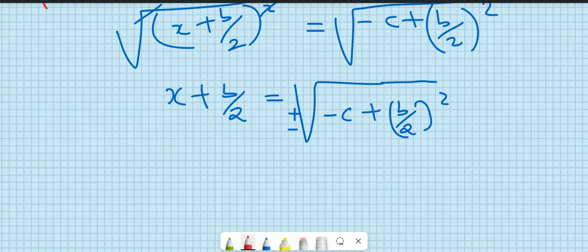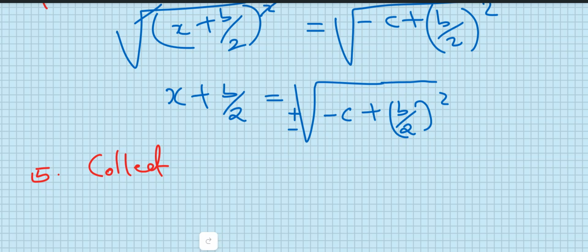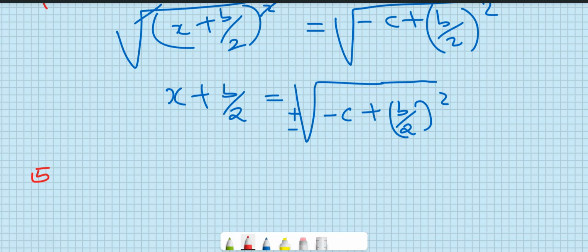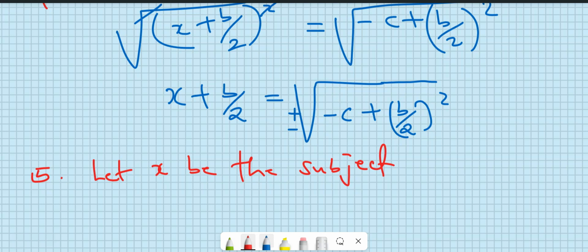So step number 5. The fifth step is collect like terms. Not really. The fifth step therefore becomes you're supposed to let x be the subject. How is that possible?